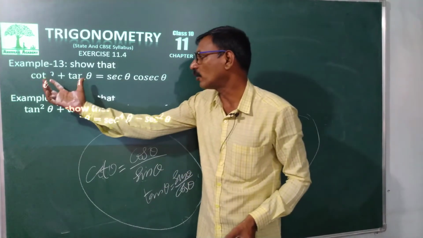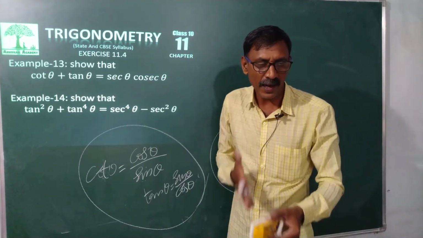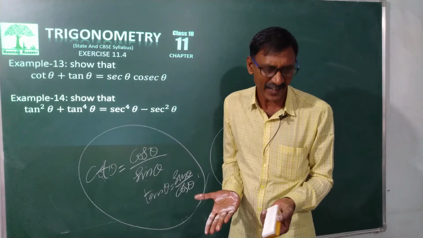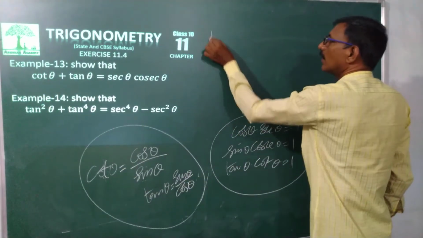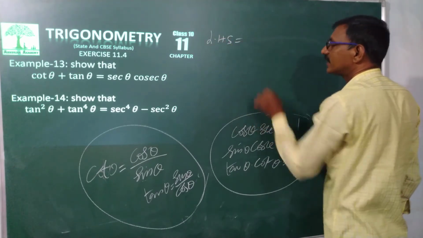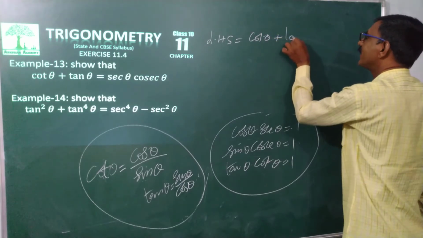I would like to take LHS and go to RHS. If LHS is equal to RHS, then it is an identity. So let us start with the LHS. My LHS is equal to cot theta plus tan theta.